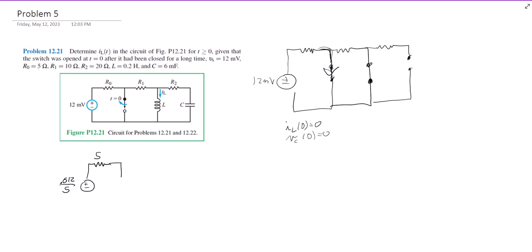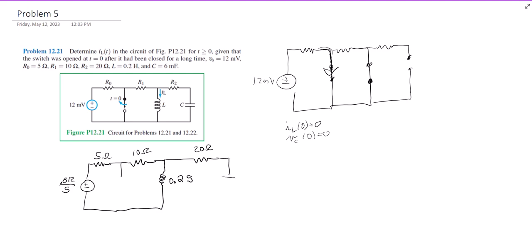This switch now is going to be open, so I don't have that branch anymore. R1 is 10 ohms. The Laplace transform of an inductor is Ls. L is 0.2, so this is 0.2 S. R2 is 20 ohms.